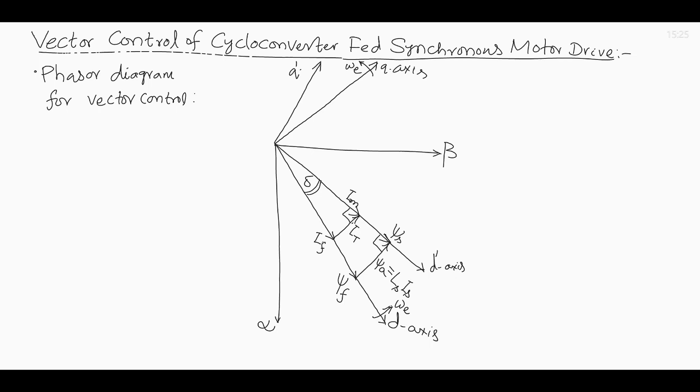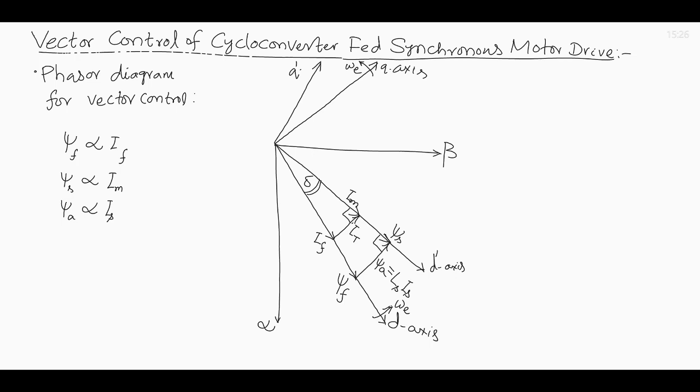So, psi f is proportional to the field current If. Psi s, the stator flux linkage, is proportional to the magnetizing component of the stator current Im, and psi a, the stator reaction flux, is proportional to Is.